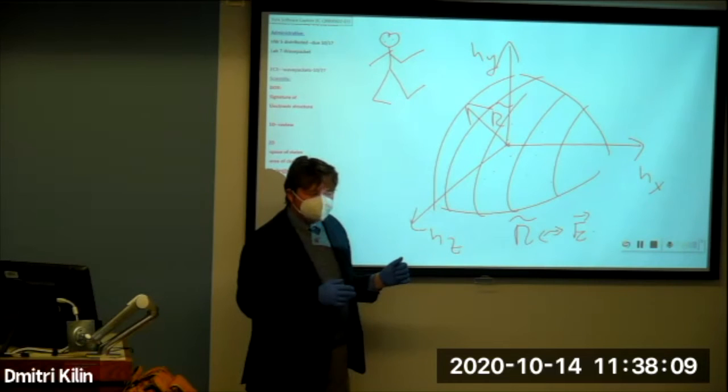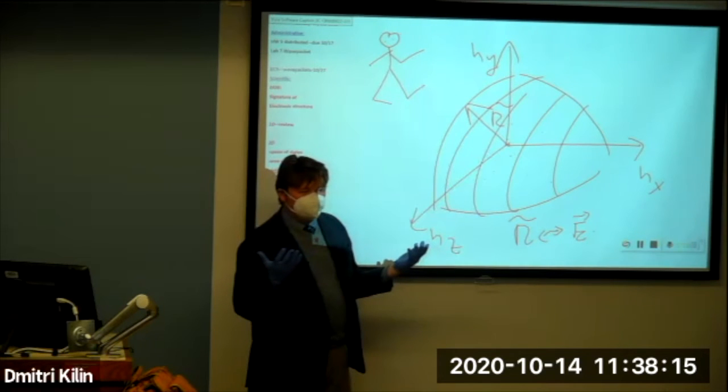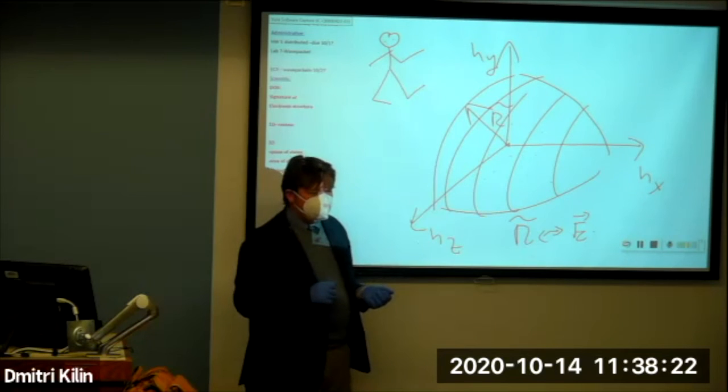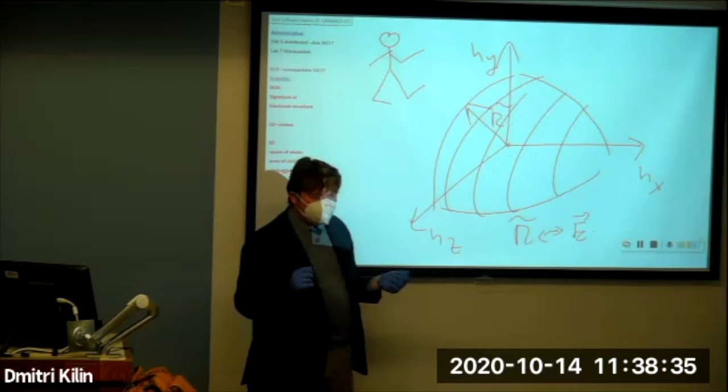So if in a two-dimensional box, the wave function was a product of 2 sines, in a three-dimensional box, it will be a product of 3 sines. If the energy in a two-dimensional box was nx squared plus ny squared, in a three-dimensional box, it will add nz squared. So there will be 3 quantum numbers characterizing how quickly the particle is moving in each of the directions. Make sense?